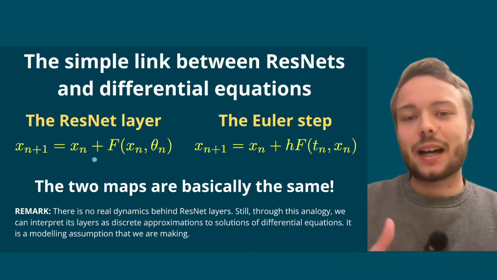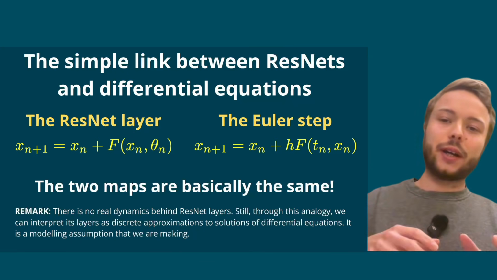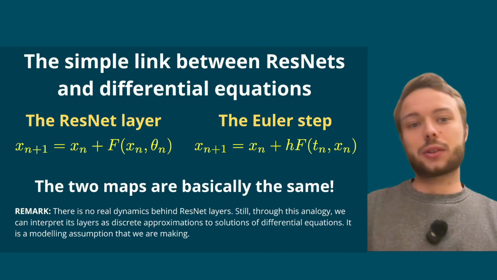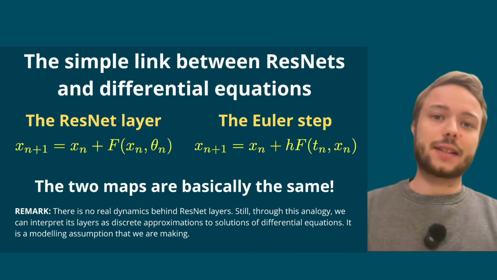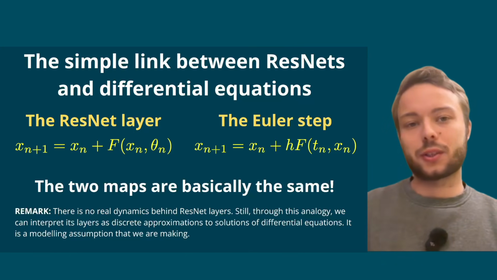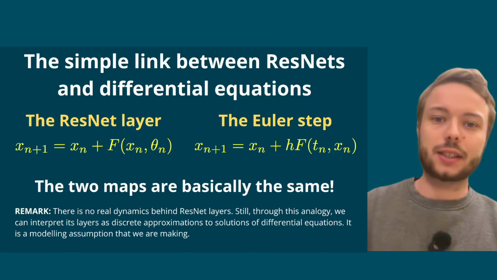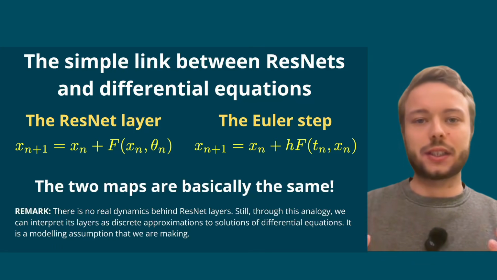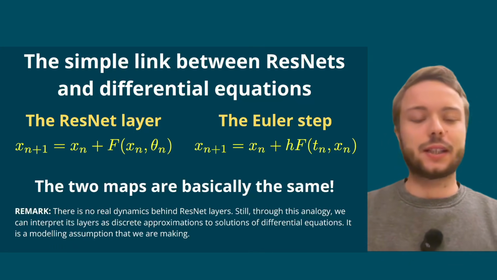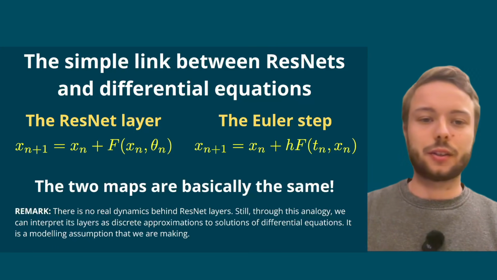This is a simple way to see why we can think of neural networks, and in particular some types of neural networks like ResNets, as discrete solutions, discrete approximations to dynamical systems and hence differential equations. There are other connections, for example neural ODEs, that I might explore in other videos in the future, and let me know in the comments if you're interested in this.